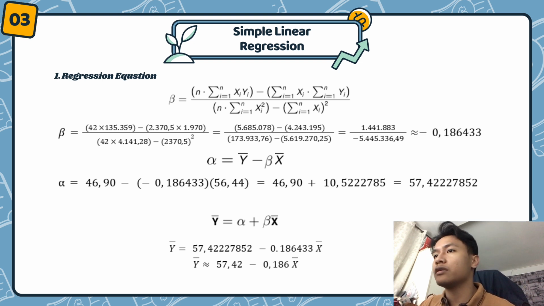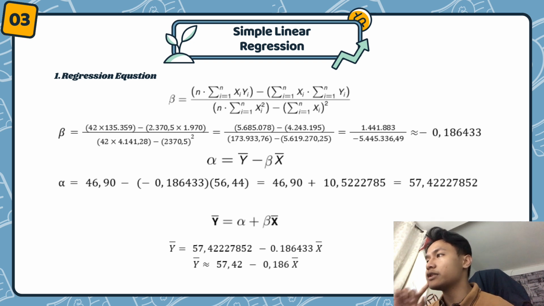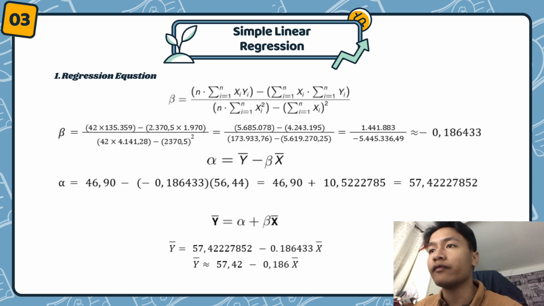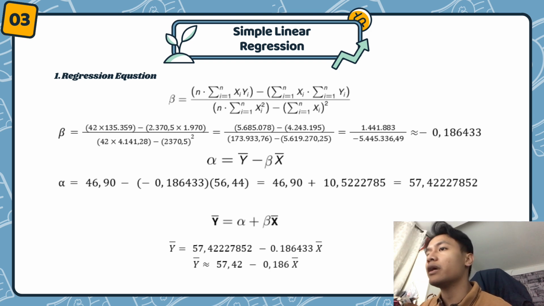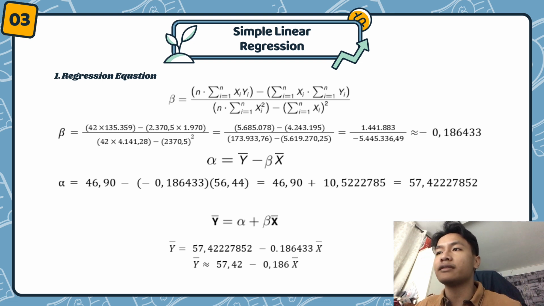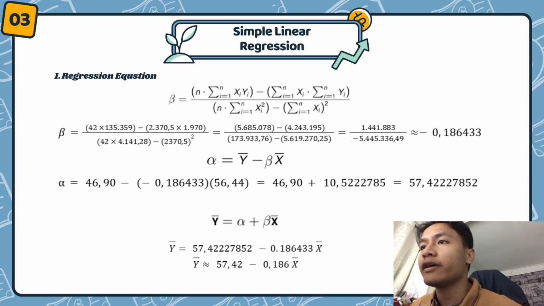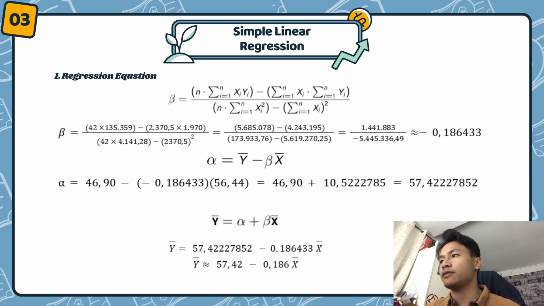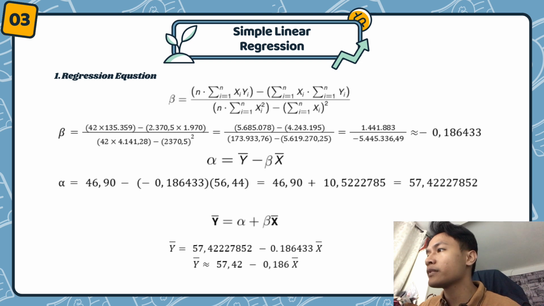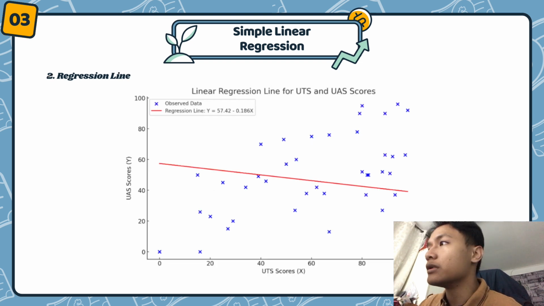Then we just input the data that we use: 57.42227852 minus 0.186433, and then the equal, we get y = 57.42 - 0.186x.